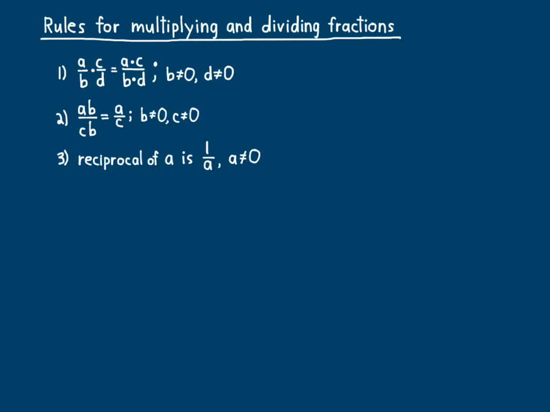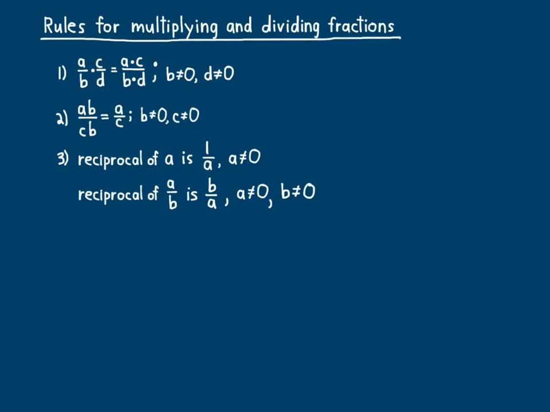Hard to explain that. Reciprocal of a is 1 over a, where a is not 0. Use this mostly for integers and polynomials. Reciprocal of a over b is b over a, right? If you have a fraction, you just do the reciprocal. You exchange the numerator and denominator.